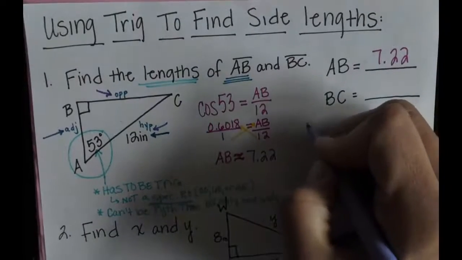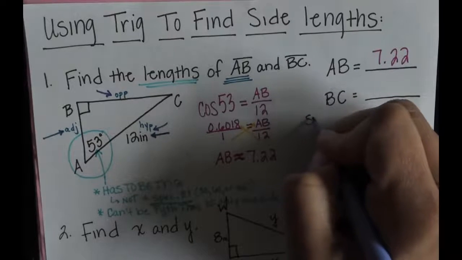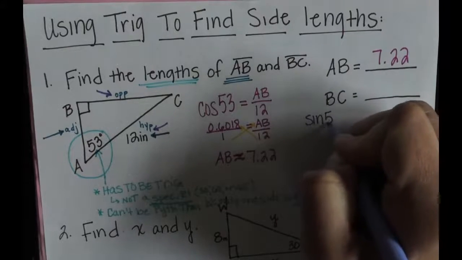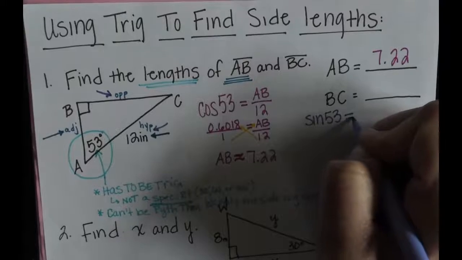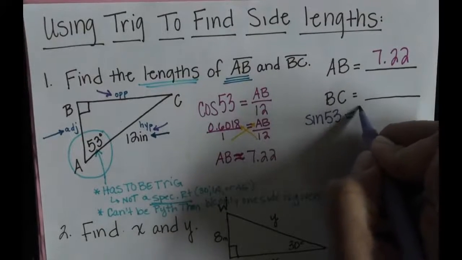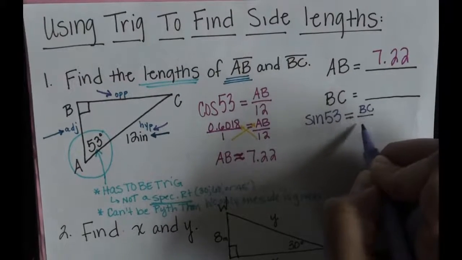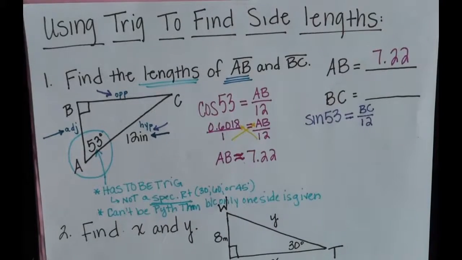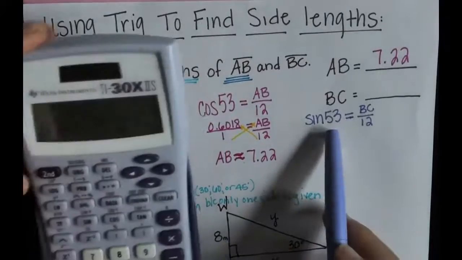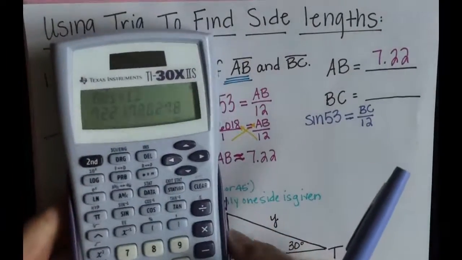So now we're going to do sine and our degree, and then its ratio, opposite over hypotenuse. And now the steps are the same. We're going to go to our calculator to figure out what that actual ratio is.